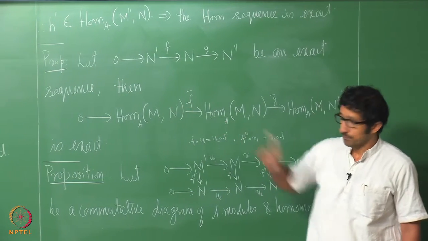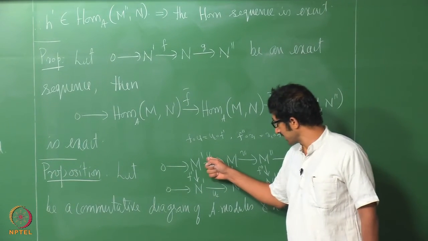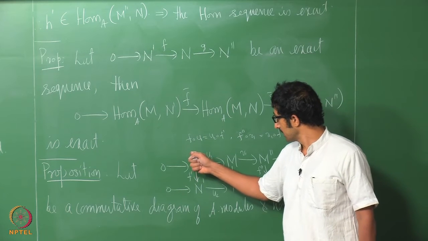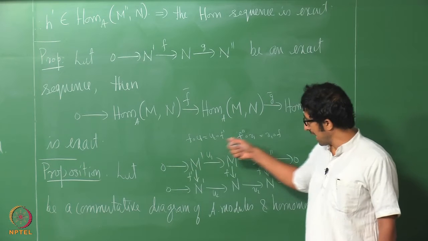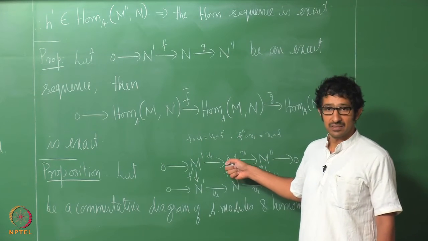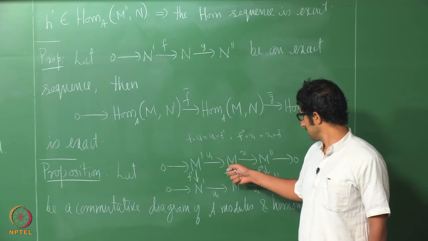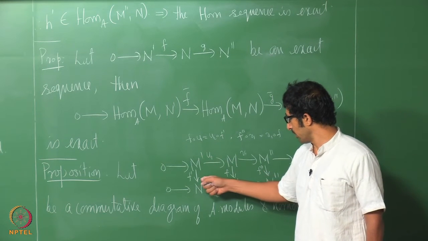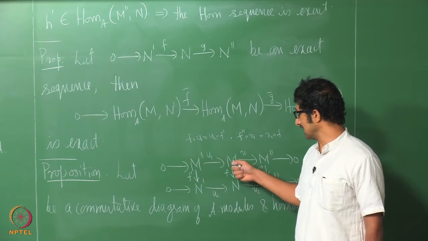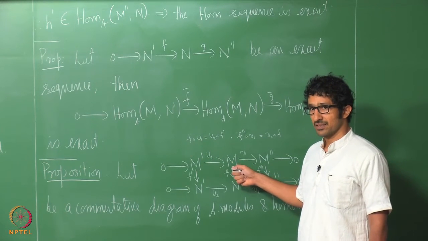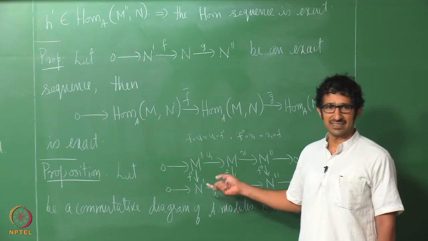So, first what it says is that you restrict u1 to kernel of f prime, it will be mapped to kernel of f; u1 of kernel of f prime will be contained in kernel of f, that is easy to check.